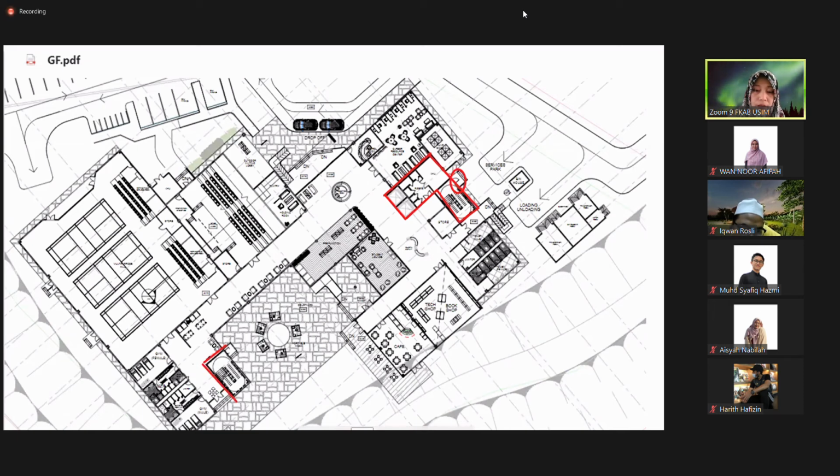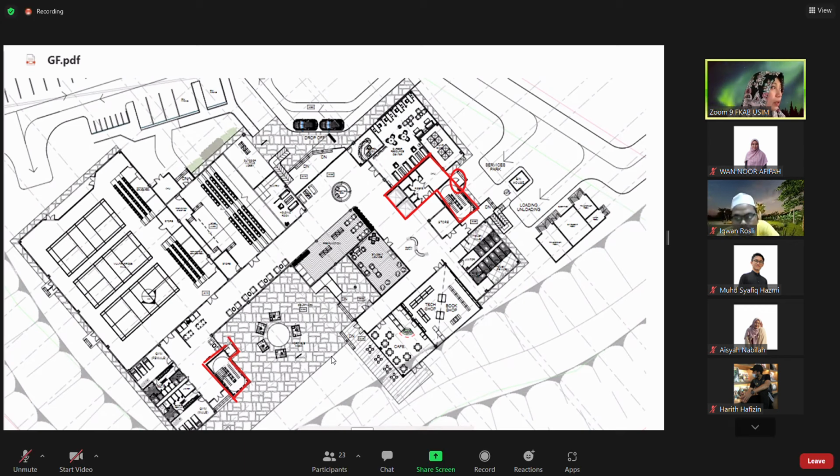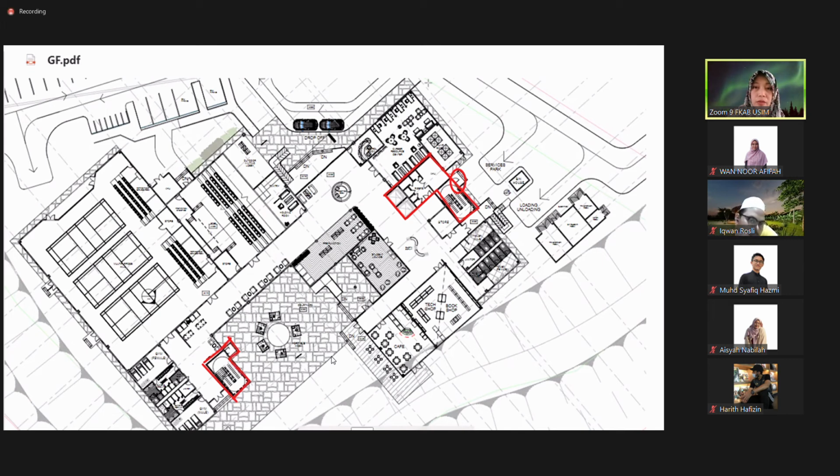This is where you calculate. From this distance to out.